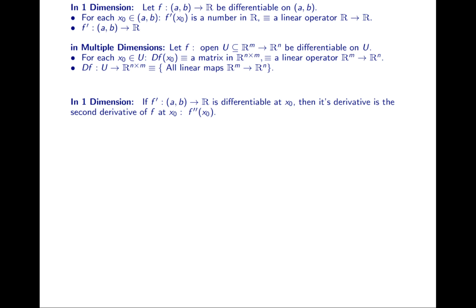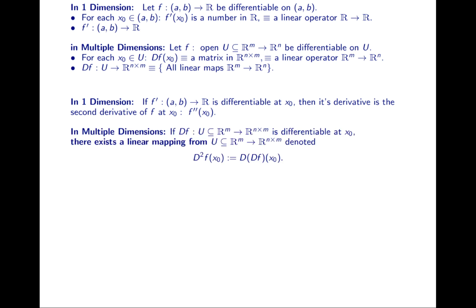In one dimension, if f prime, which is a function on the interval a to b, is differentiable at x naught, then its derivative is the second derivative of f, right? The derivative of the first derivative is the second derivative of the original function.